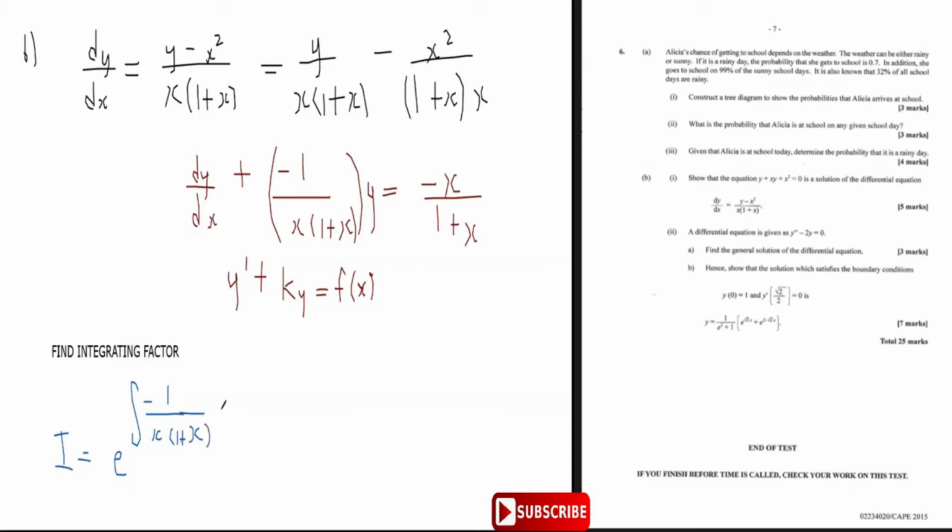Well, I'm going to be quite honest, I don't know how to integrate this directly, but what I do know is I can integrate this by breaking it into partial fractions.